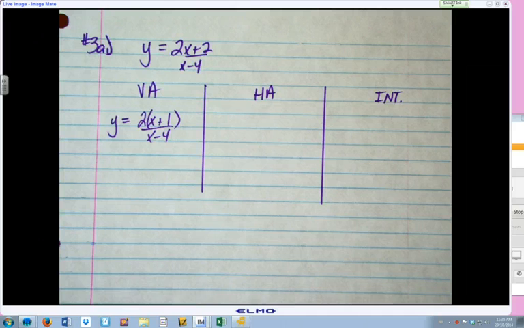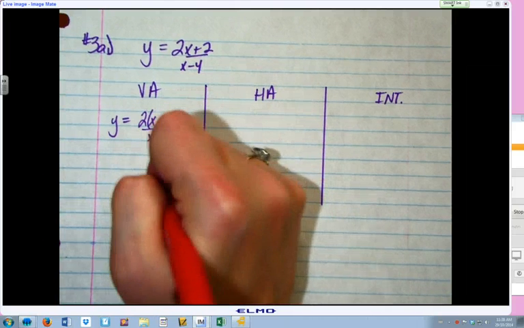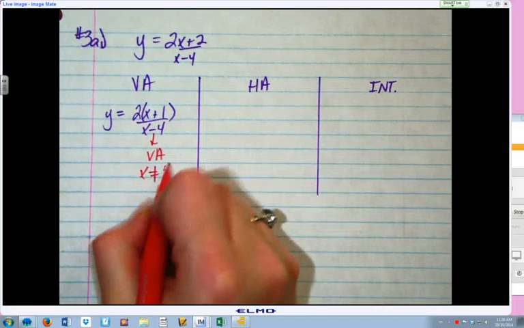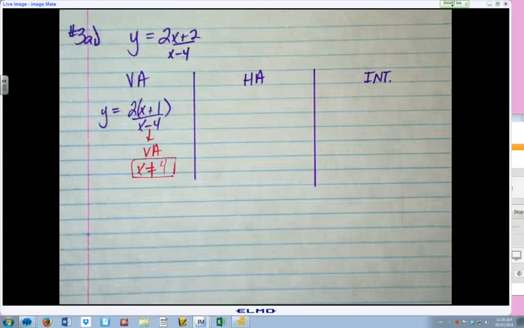So hole or asymptote? Asymptote. X cannot be 4. And I'm going to box that because when we eventually get to the graphs, really that's all we need to know. I really don't care about the top. I don't care about that factoring. All I care right now is there's a vertical asymptote at x equal to 4.